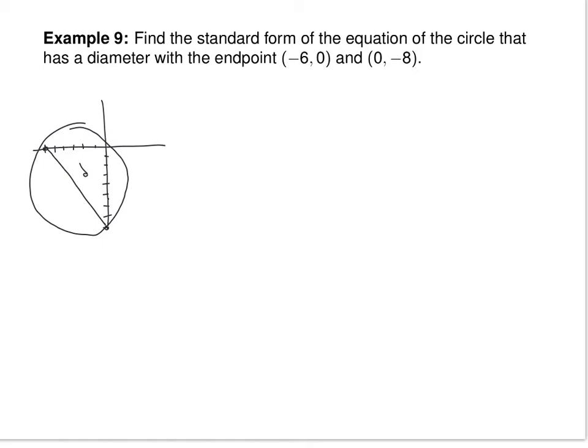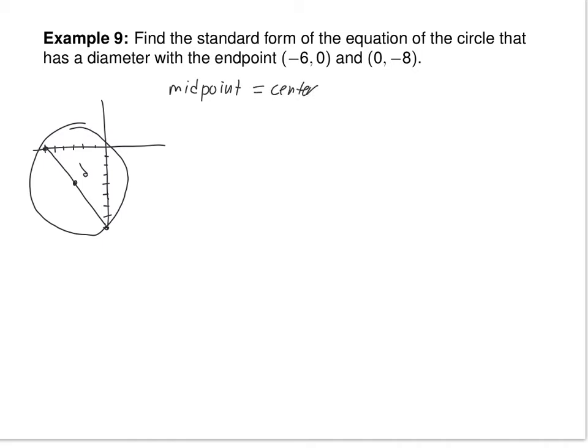Does that make sense? So if that is the diameter, does it make sense that the diameter goes through the center? And so the midpoint of those 2 points is going to be the center. So midpoint equals center.